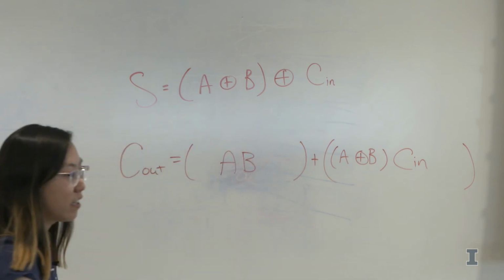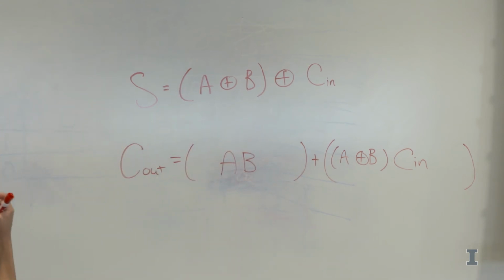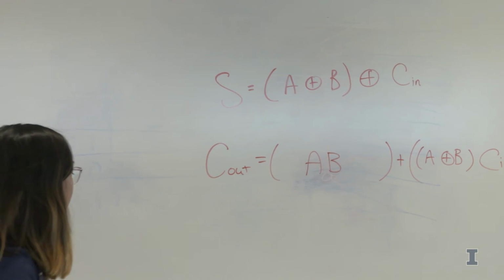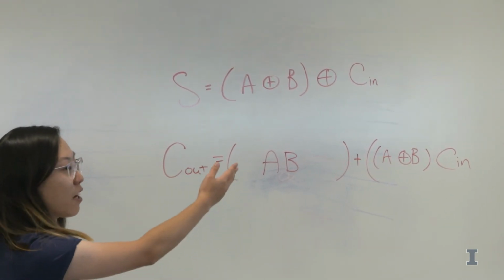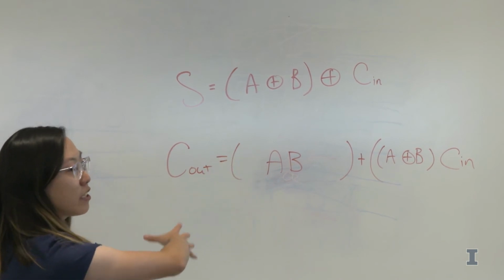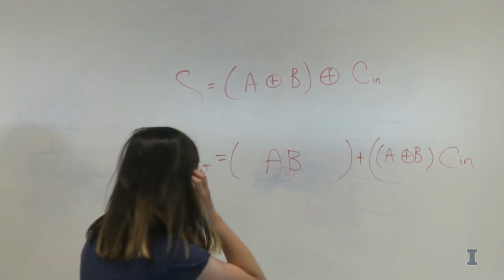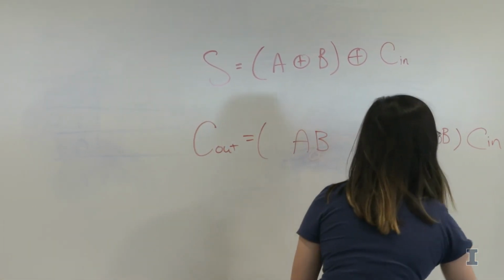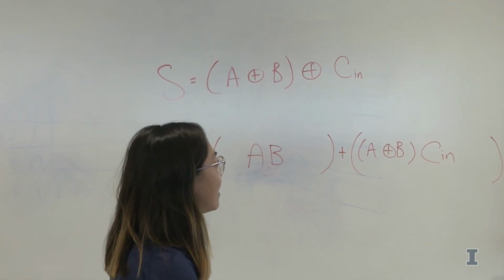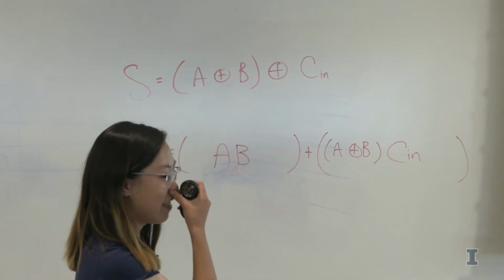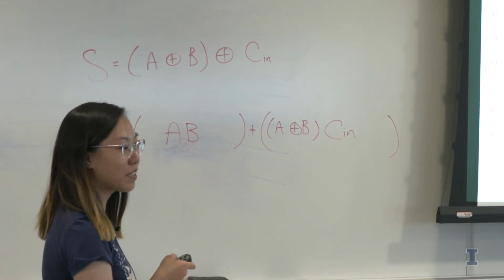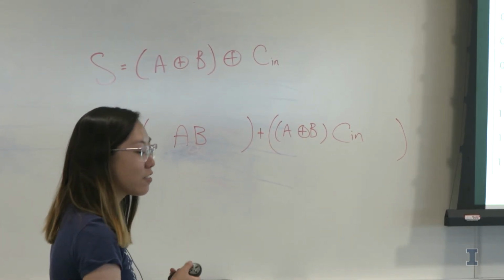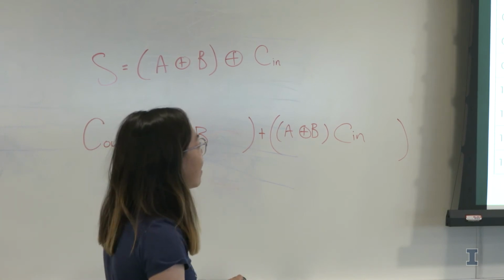Okay. Is everyone kind of clear on how we got from the diagram to the equation? Okay. And so if we want to confirm that, last table, I think it's in your book, right under the picture for the full adder.